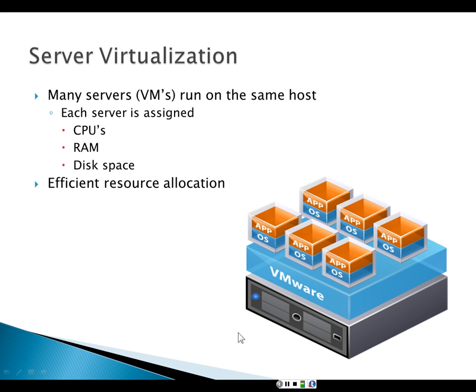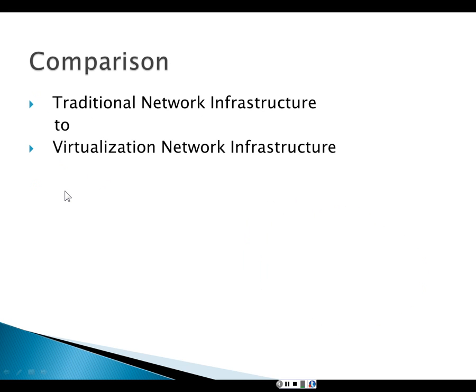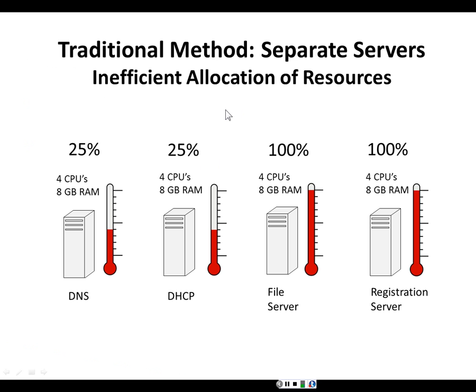With server virtualization, we have many servers or virtual machines running on the same host, and each server is assigned a different number of CPUs, a different amount of RAM, and a certain amount of disk space, and the advantage is efficient resource utilization. Let's compare the traditional network infrastructure to the virtualized network infrastructure. In the traditional network infrastructure, the disadvantage is an inefficient allocation of resources.